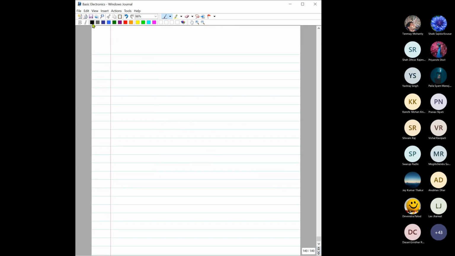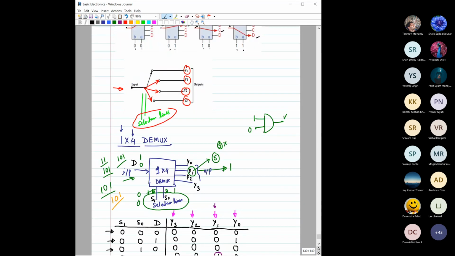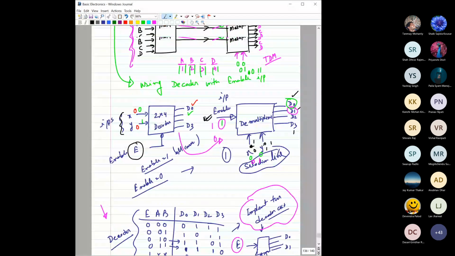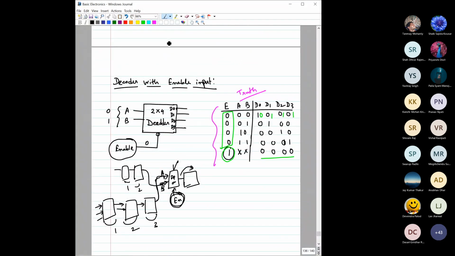New topic means actually a part of it, which is called the encoder. We have learned about the decoder, now we are learning about the encoder. So you recall what a decoder was? From the decoder only we had come to the demultiplexer. Let me show you once again.